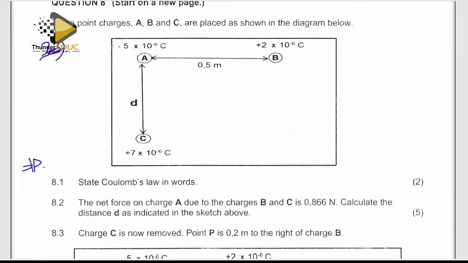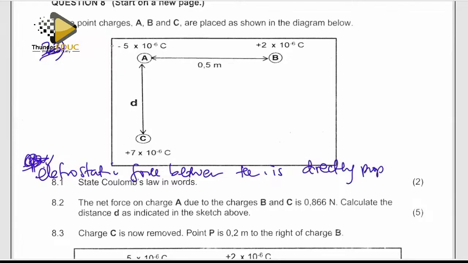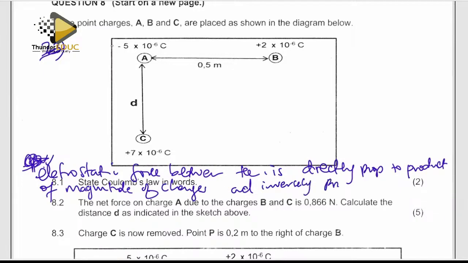Okay. So if we have two point charges, or two charges in space, we're saying that the electrostatic force between them is directly proportional to the product of the magnitude of the charges, and inversely proportional to the square of the distance between them.